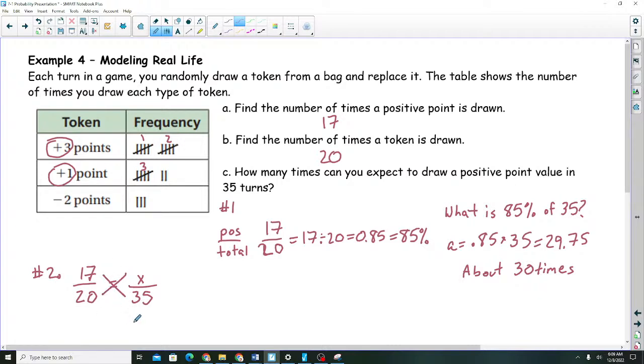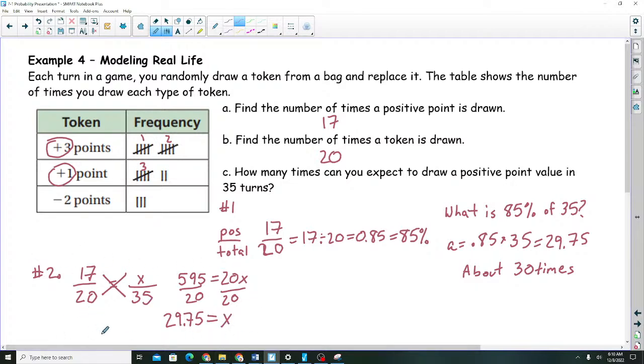Because 17 times 35 is 595, and that equals 20x, and we divide both sides by 20, and that's going to again give us 29.75.